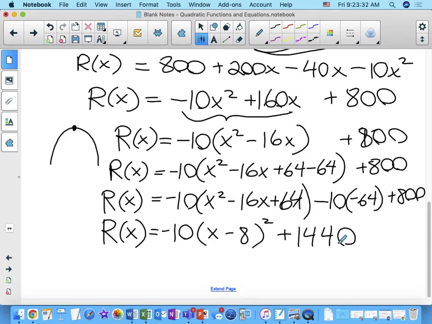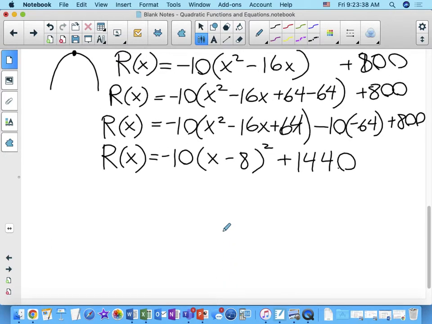Okay, now what this tells me is that the vertex, which is also a max point, is at a specific coordinate.